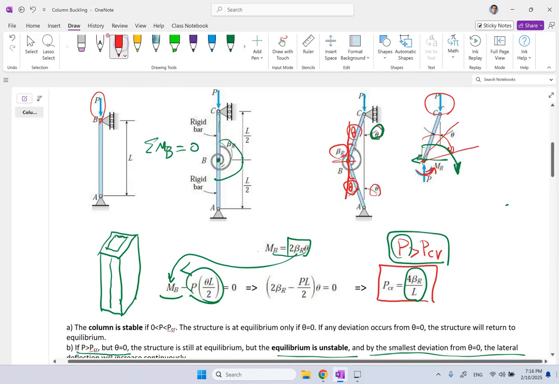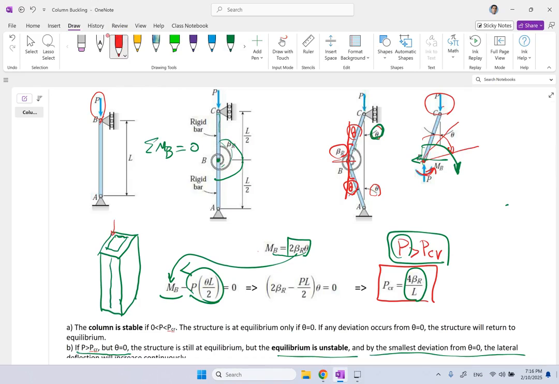Now, if the load that I'm applying here is the equivalent of this distributed load on this cross section, and that exactly equivalent load is in the middle, yes, of course, it's fine. But most of the time, the load is not perfectly uniform, or the member is not made perfectly upright.